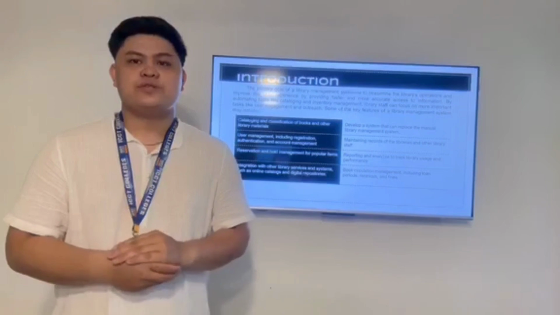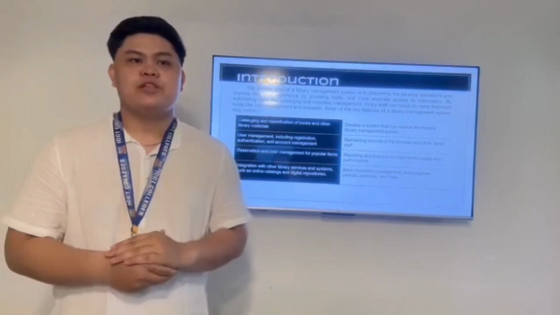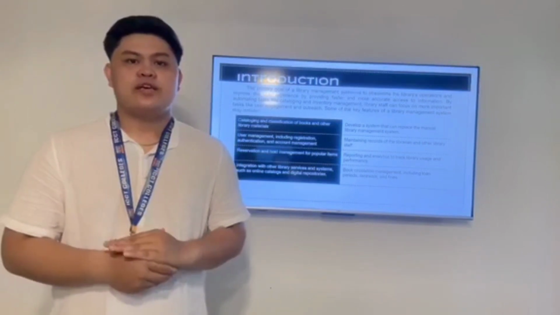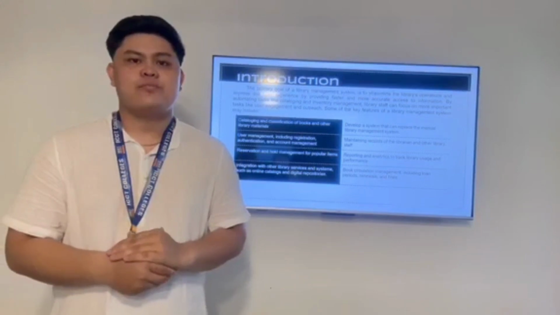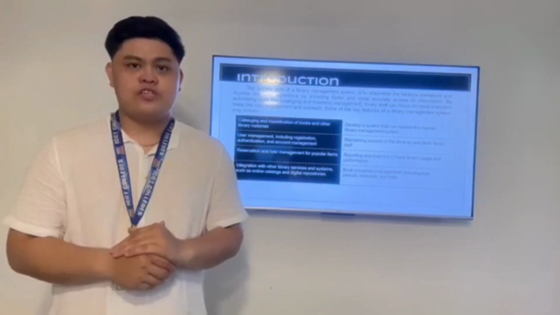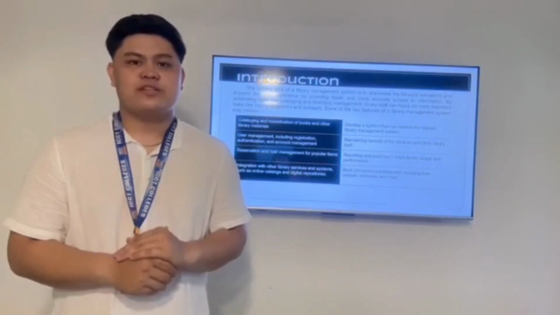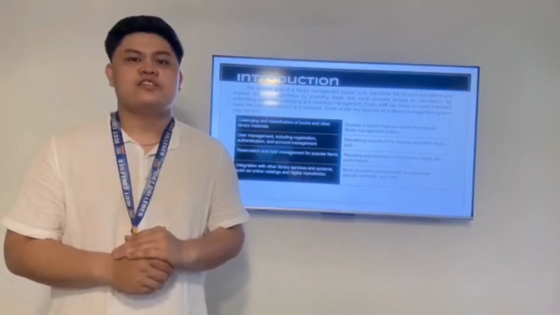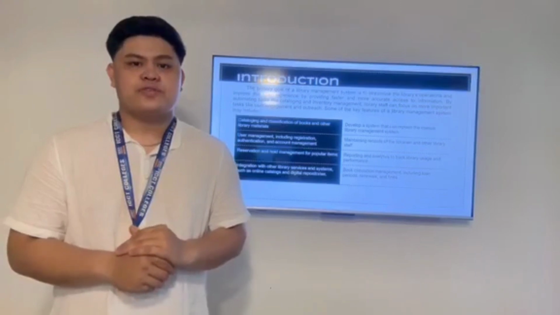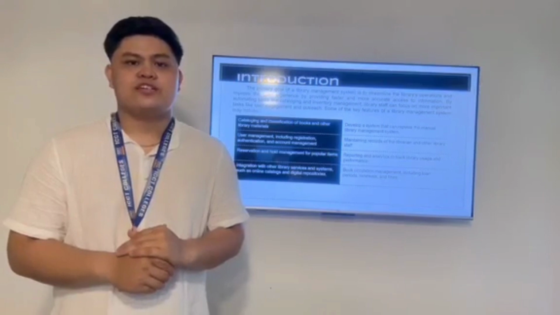Some of the key features of a library management system may include cataloging and classification of books and other library materials, user management including registration, authentication, and account management, reservation and hold management for popular items, integration with other library services and systems such as online catalogs.